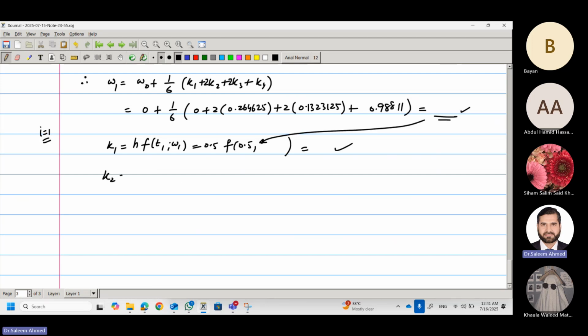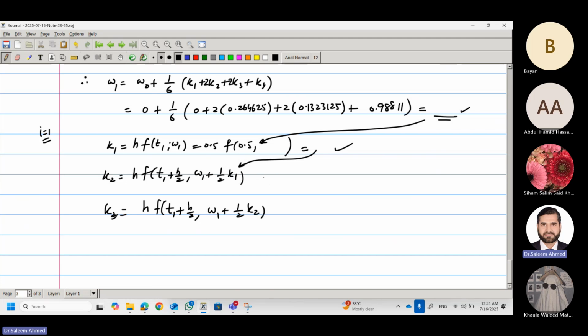Then K2, which is H f of T1 plus half H, and W1 plus half K1. Now K1 comes from here. Then K3 is equal to H f of again T1 plus H by 2, and W1 plus half K2.